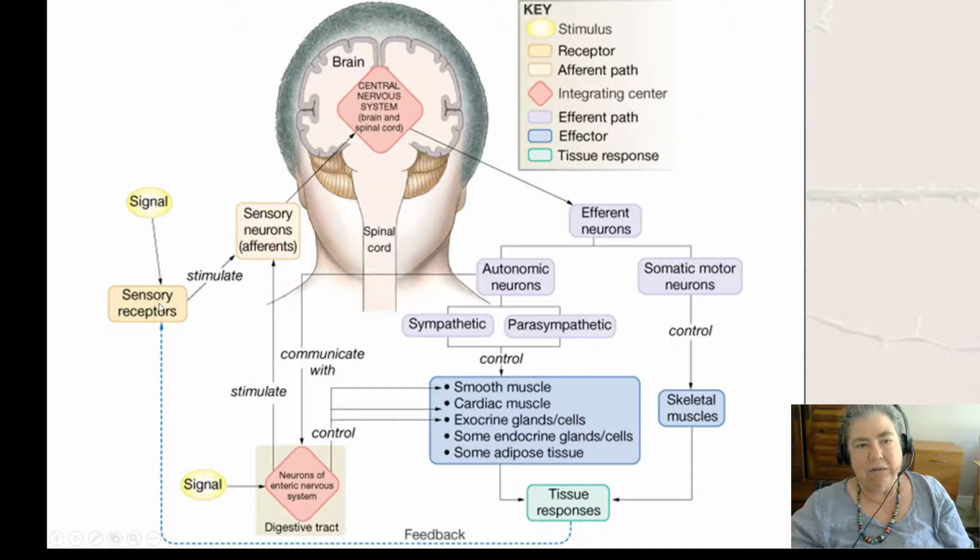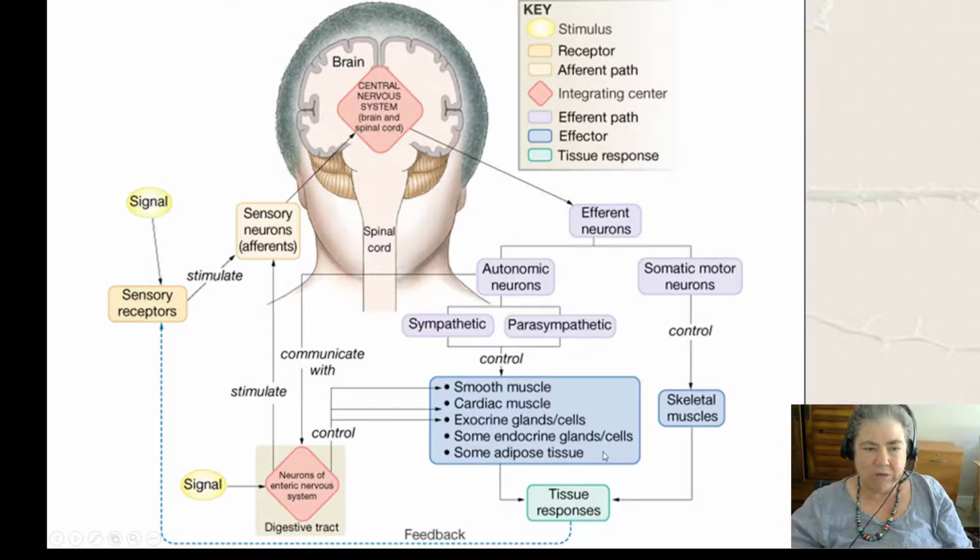Then that's sort of the yellow side, with a lot of integration occurring in the brain and, interestingly, in the digestive tract, where we have a whole separate little piece of our nervous system, sometimes called the enteric nervous system. So it's processing, it's integrating, it's getting signals in, it's sending signals out. Okay.